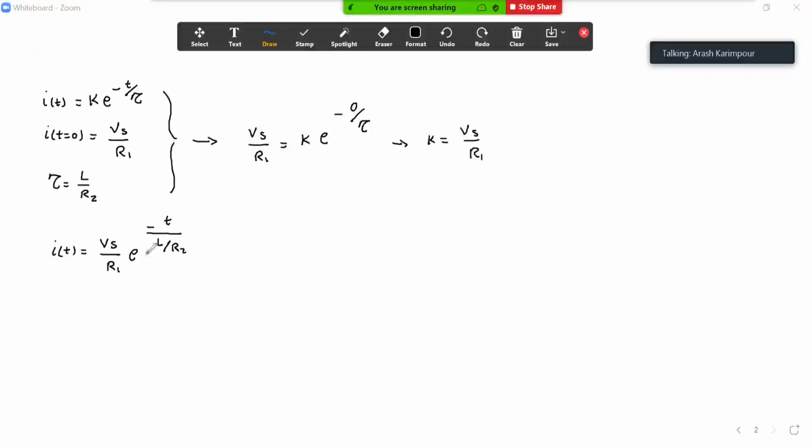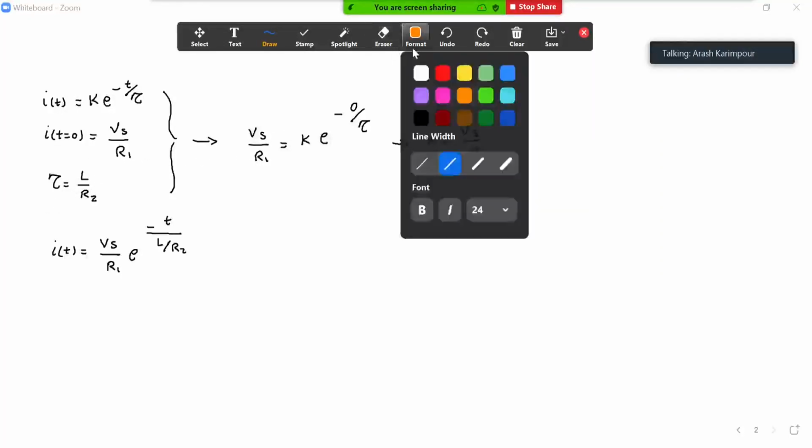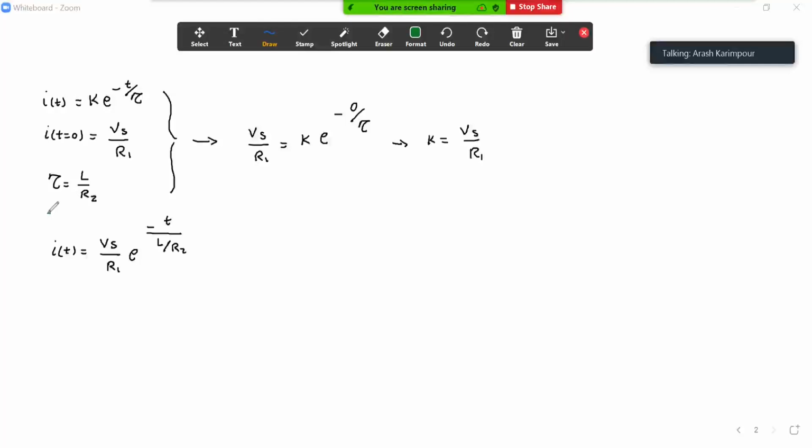So this is going to be the solution for the discharging. If you have a discharging inductor, this is the solution for that. This is how it's going to be discharged.